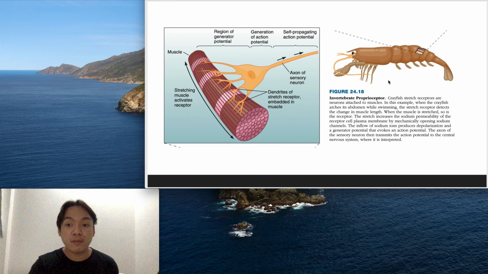This is a crayfish using stretch receptors and neurons which are attached to the muscles. This is the muscle, and the axon of the sensory neuron sends signals from here. It is because of the generation of a membrane potential and the inflow of sodium ions.